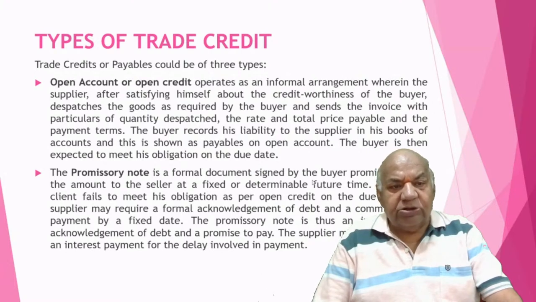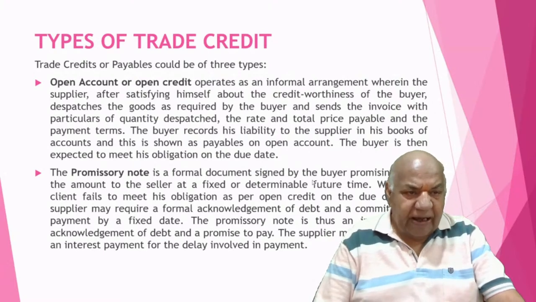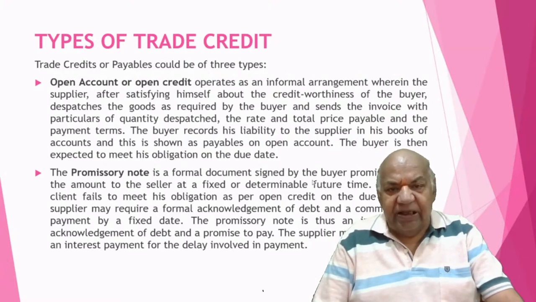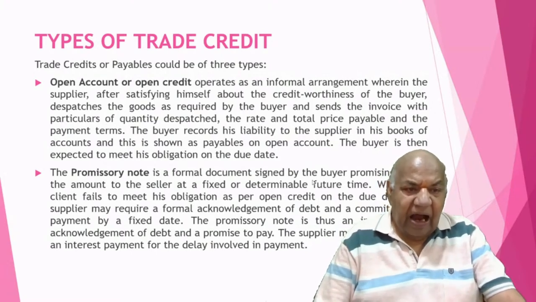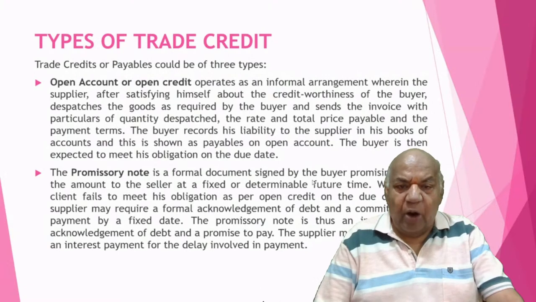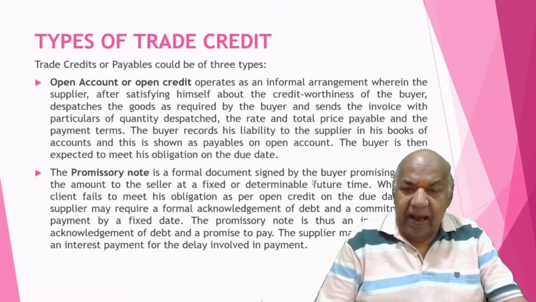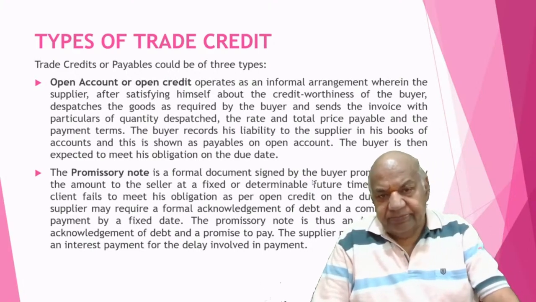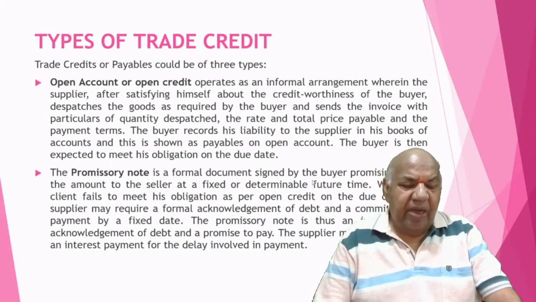Trade credits or payables could be of three types. Open account or open credit operates as an informal arrangement wherein the supplier, after satisfying himself about the creditworthiness of the buyer, dispatches the goods as required by the buyer and sends the invoice with particulars of quantity dispatched, the rate and total price payable, and the payment terms.